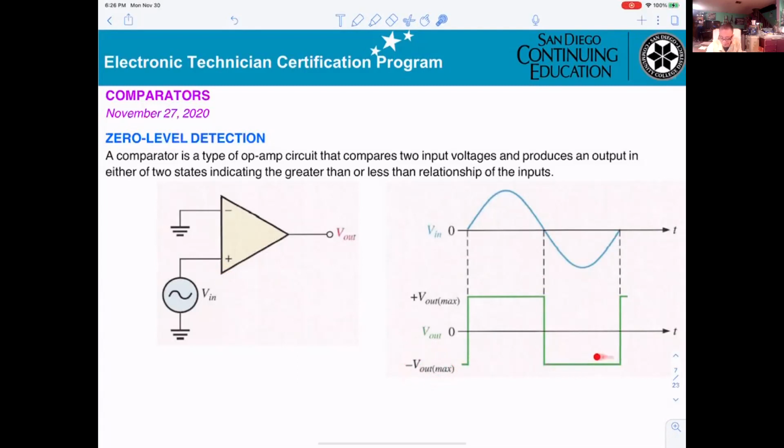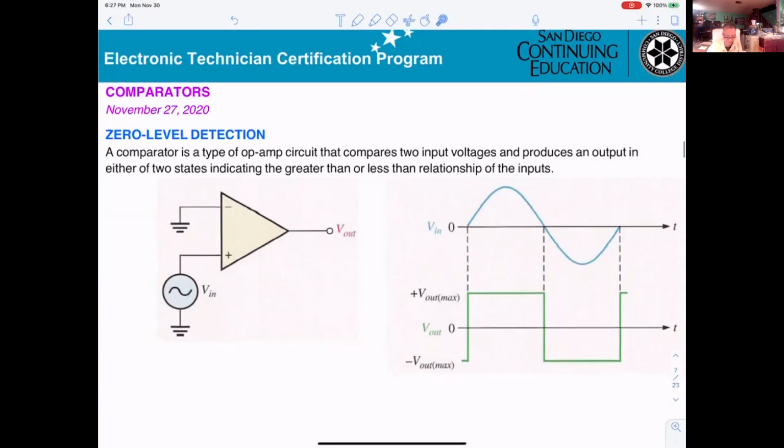Okay, so that's why they go low here. Okay, and the question about basic comparator here. Okay, so no question.